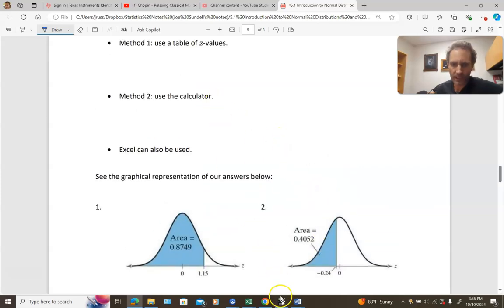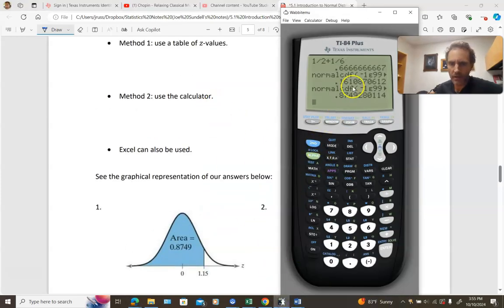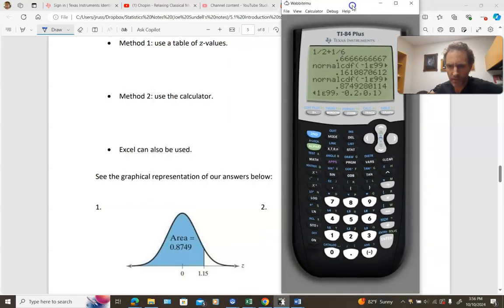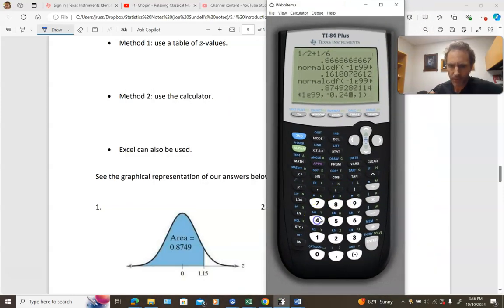If we want to use our calculator, you use that same normal CDF. In fact, I'm just going to hit second and then enter for entry. And I'm just going to change that value of z. I want it to be negative 0.24.